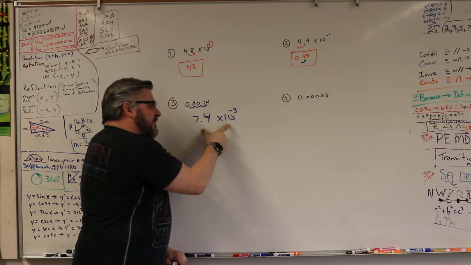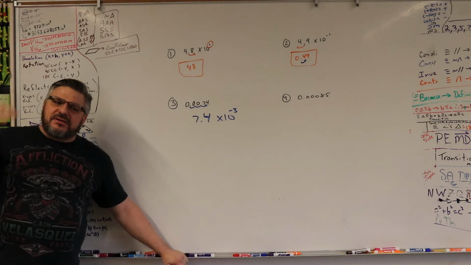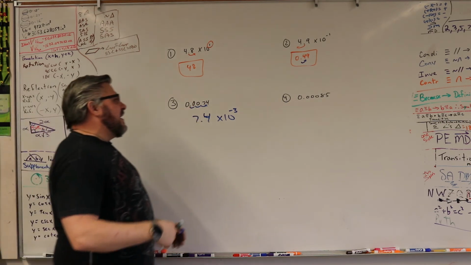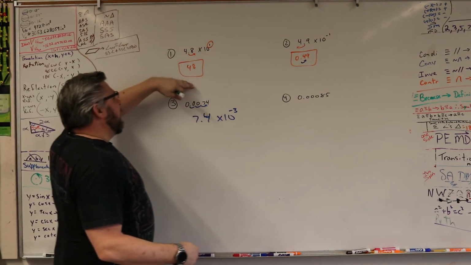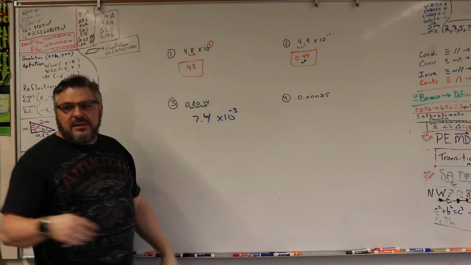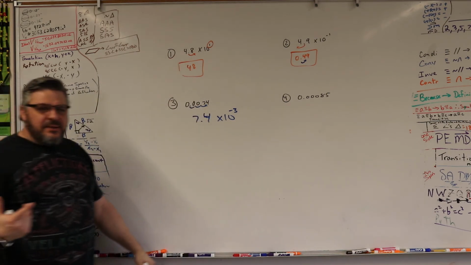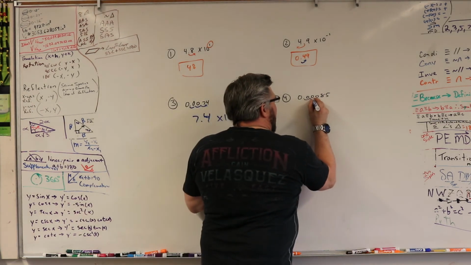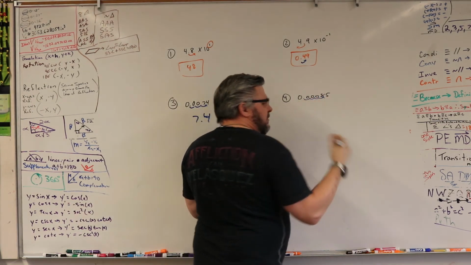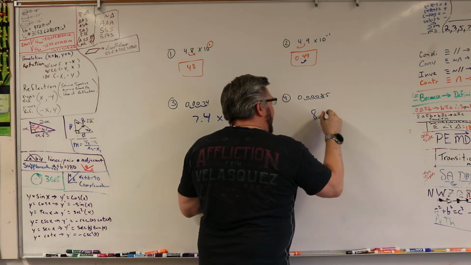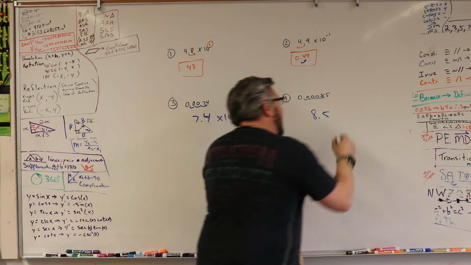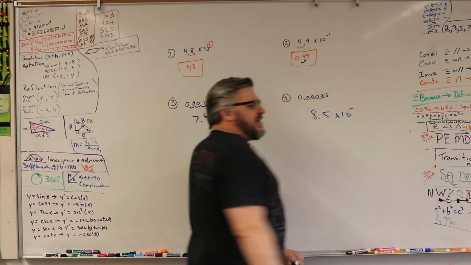If your scientific number gets smaller, then it's going to be negative. If it gets bigger, then it's going to be positive. So in this case, I'm making this a bigger number, so the 8.5 would actually get smaller, so I know right away that it's times 10 to the negative.